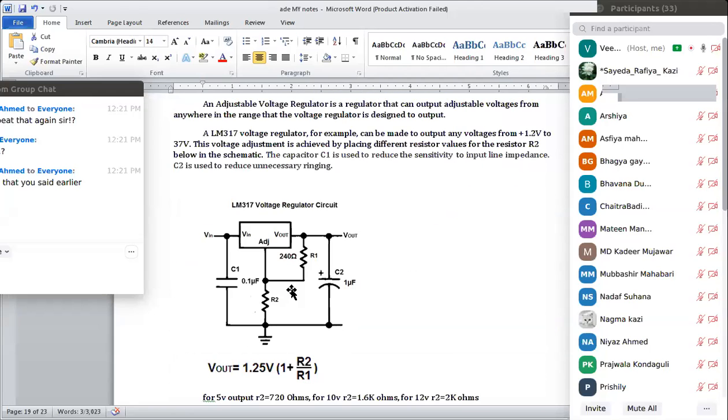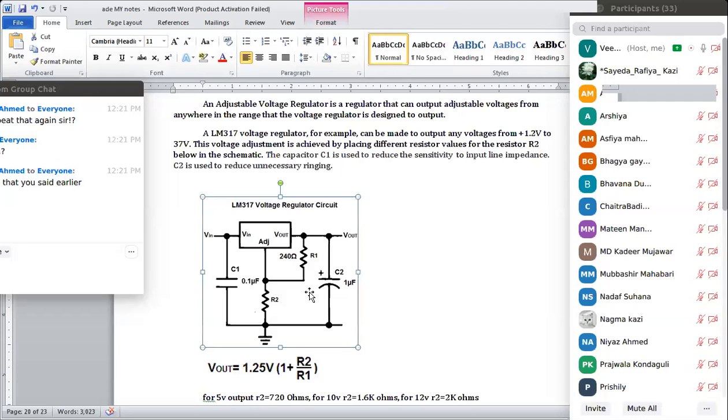Here, suppose the maximum output is 15 volts, I can get any value from 0 to 15 volts. That means I will not get any voltage more than 15 volts. It should be less than 15 volts.